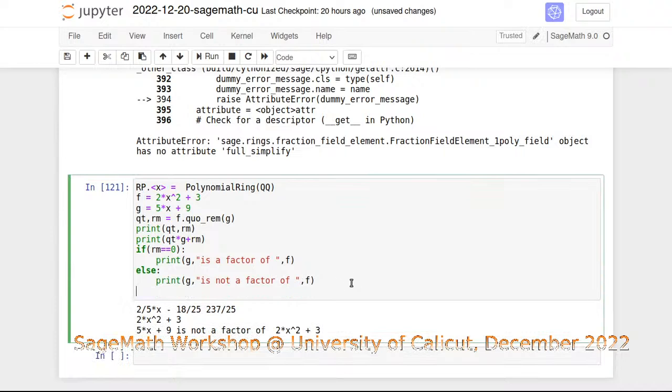Now the GCD also can be found in exactly the same way. GCD of these two polynomials f comma g. For that, the GCD command itself is enough, I think. Let's see that.